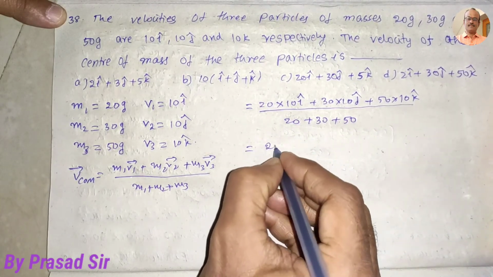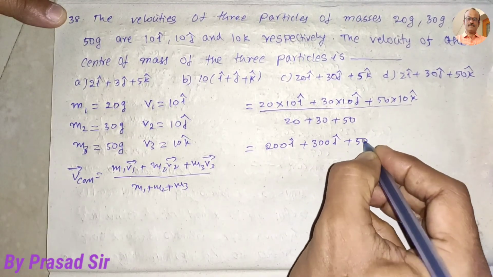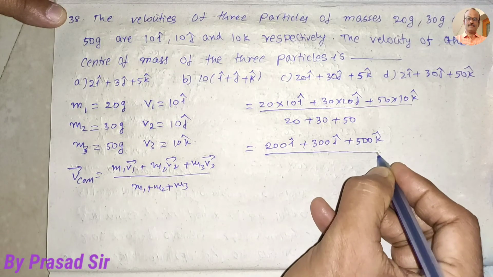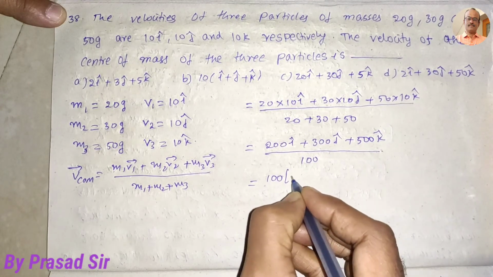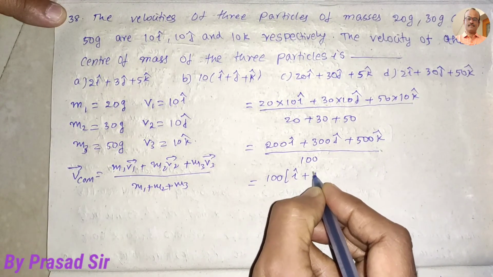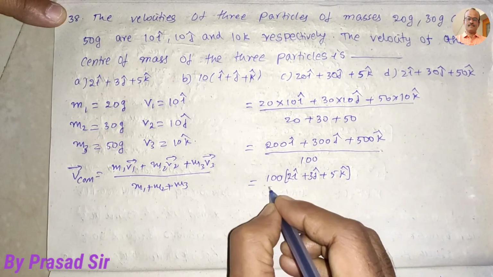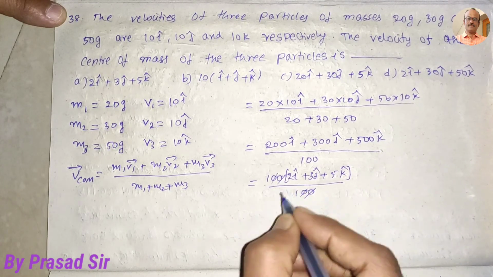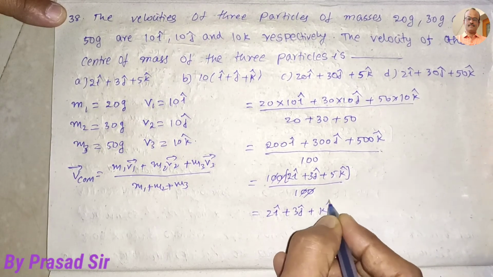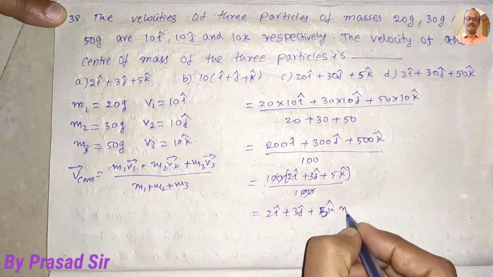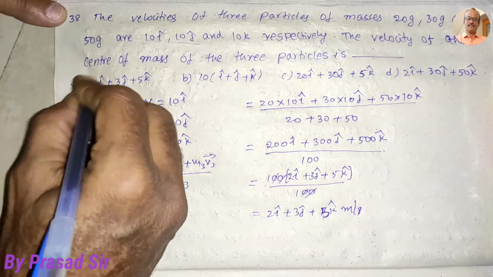So 200 i cap, 300 j cap, 500 k cap divided by 100. Taking 100 as common, 2 i cap, 3 j cap, 5 k cap divided by 100. 100 and 100 cancel, remaining 2 i cap plus 3 j cap plus 5 k cap. That is the velocity of the center of mass in meters per second. So which option is correct? Option A is correct.